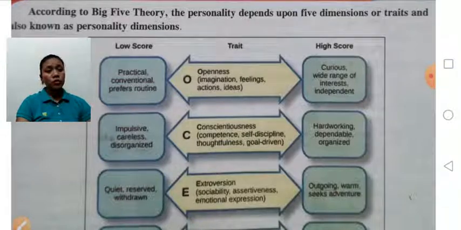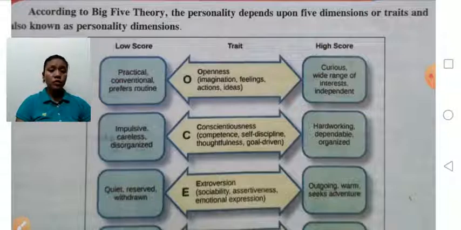Conscientiousness: those who are conscientious are hardworking, dependable, well organized, and responsible. They are disciplined, achievement oriented, and always follow the plan. And those who are not conscientious are careless, impulsive, discouraged, disorganized, lazy, and do not follow the plan.